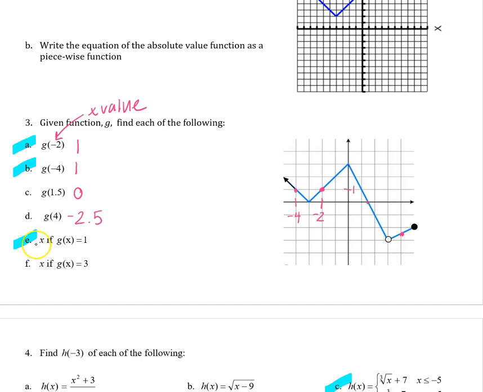When it says x if g of x equals 1, keep in mind that g of x is a fancy way of saying y. So when y is equal to 1, that's a horizontal line going through 1. So when y equals 1, what are the x values?